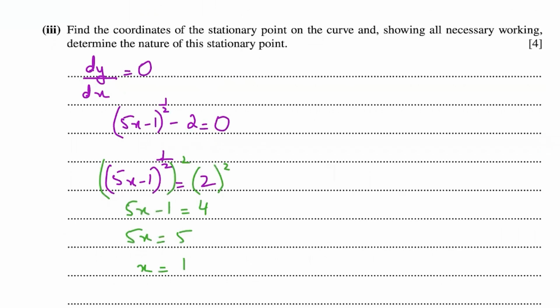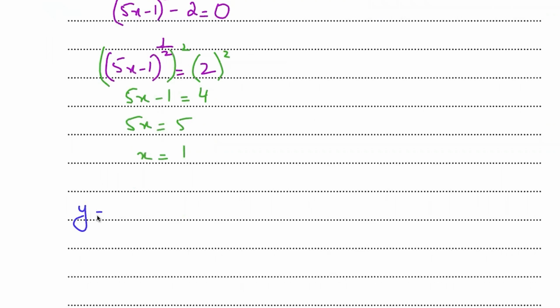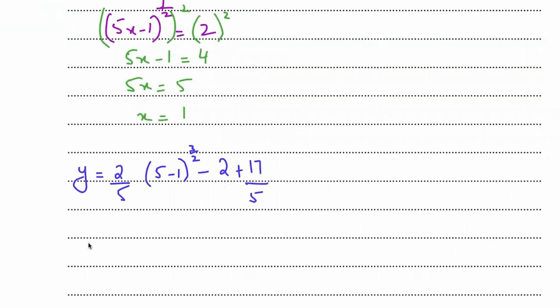Now substituting the value x equals 1 into the equation to find the y coordinate, we get 2/15 times (5 minus 1) to the power 3/2 minus 2 plus 17/5. Substituting this in the calculator, we get y equals 57/15.